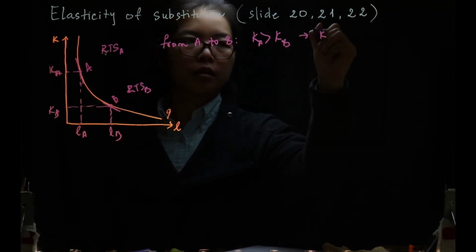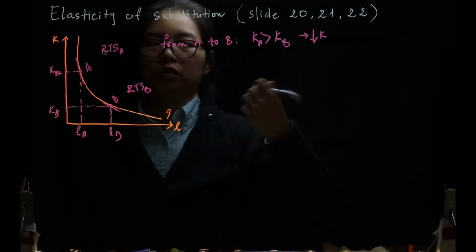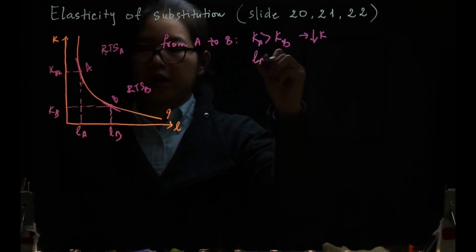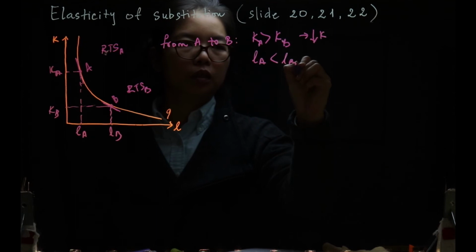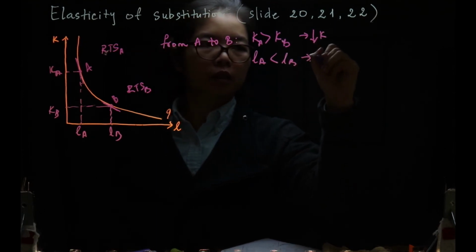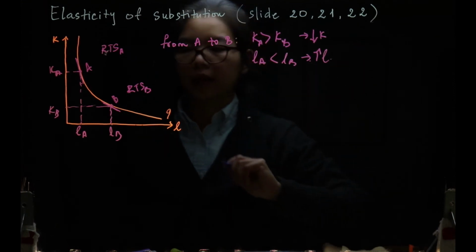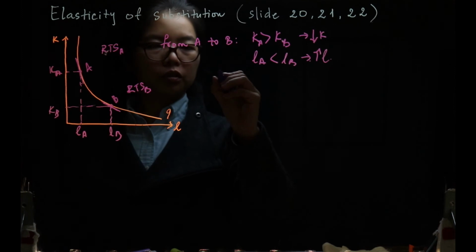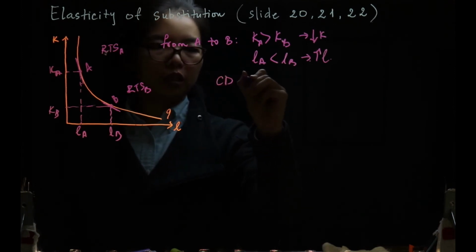So K decreases. On the other hand, we have LA smaller than LB. So L increases, right? And how about the RTS? Let's do it best with an example of the CD production function again.